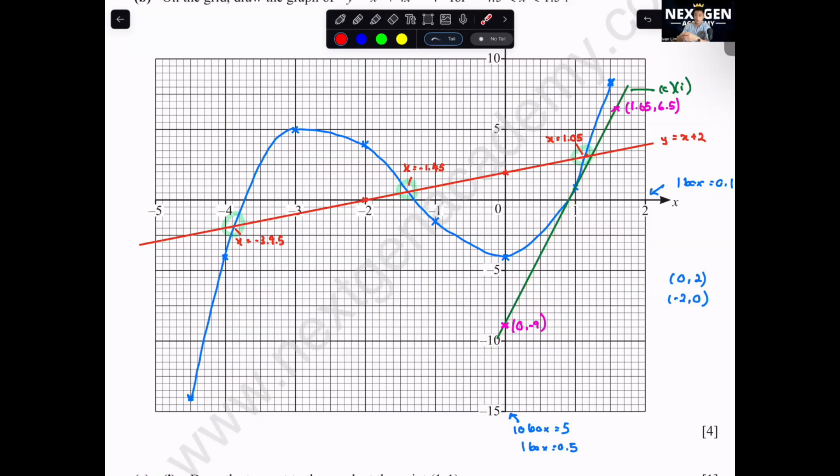Understand until here? You take the 2 points, then you put them into your gradient formula, which is y2 minus y1 over x2 minus x1. You just take any 2 points.